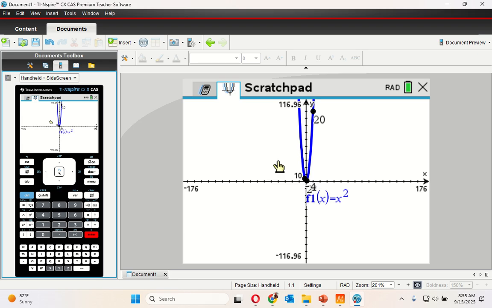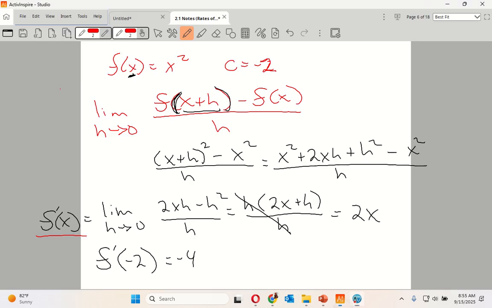So at any given point, now that I've done that setup, I can figure out the slope at any point on my function. Does that make sense? Yeah. And how is it different from rate of change?